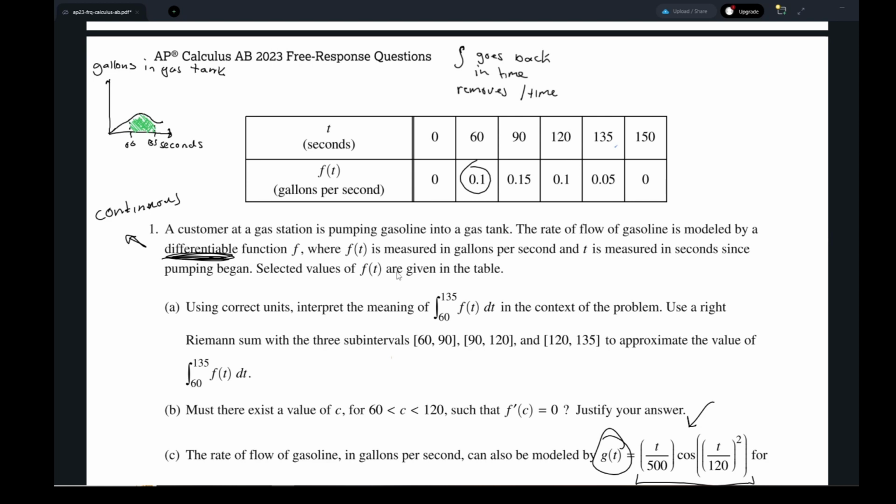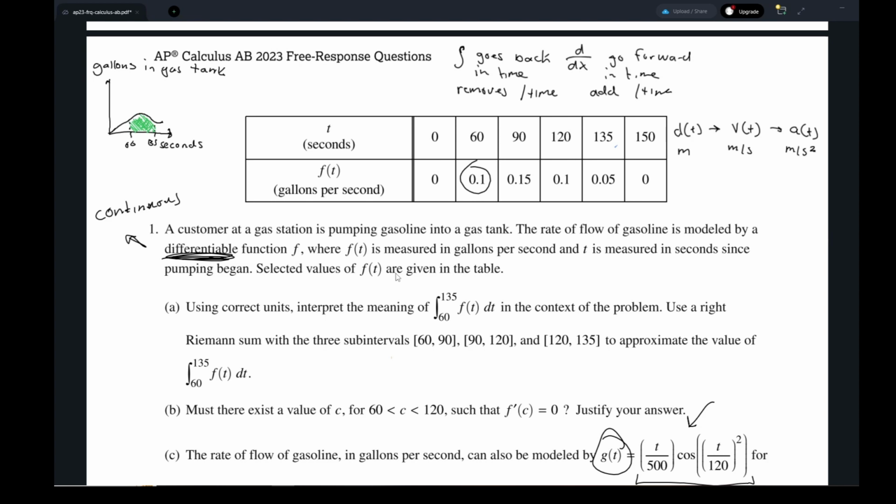Now the derivative is going to go forward in time, or add a new time. What I mean by this is, let's say you have d of t, which is your distance, then v of t, which is your velocity, and a of t, which is your acceleration. The units of d of t is meters, v of t is meters per second, and a of t is meters per second squared.